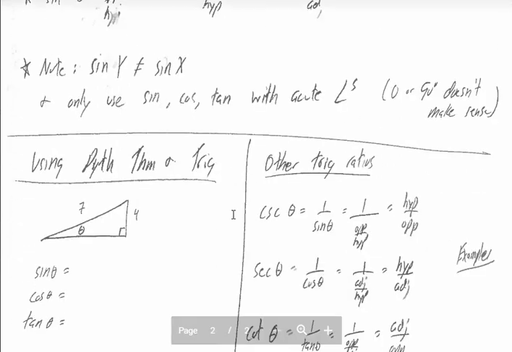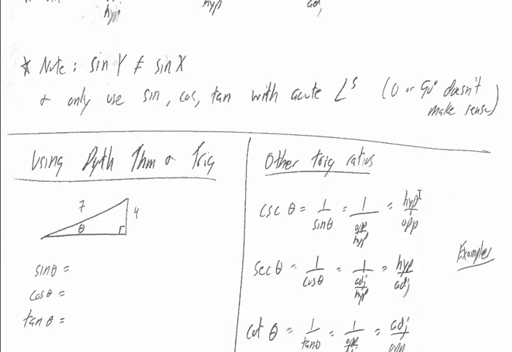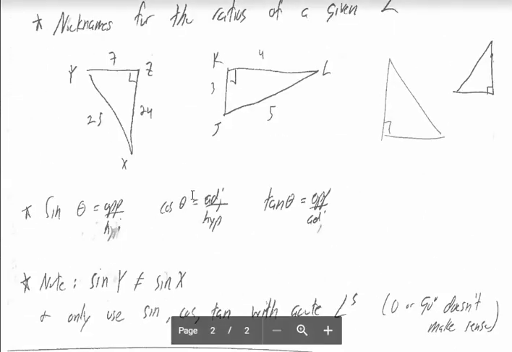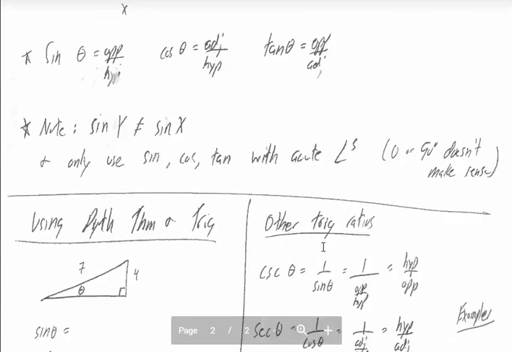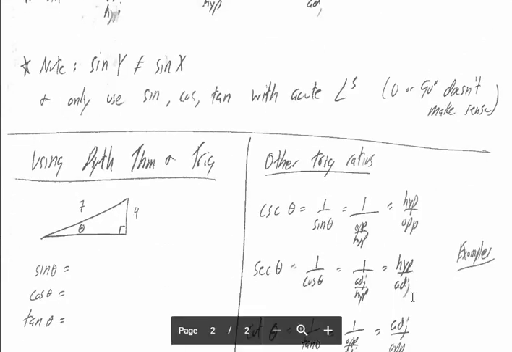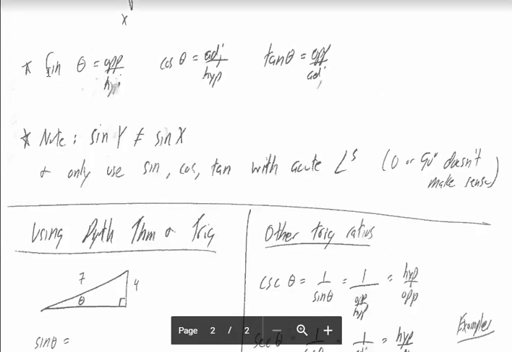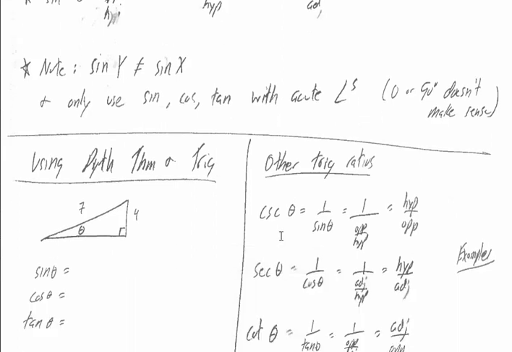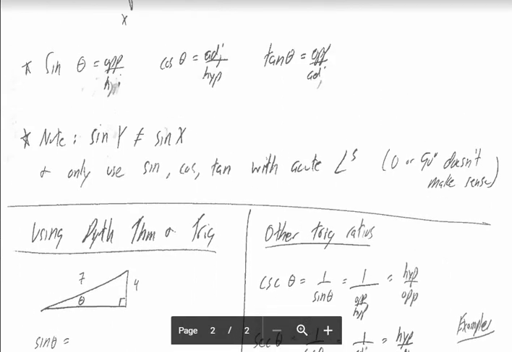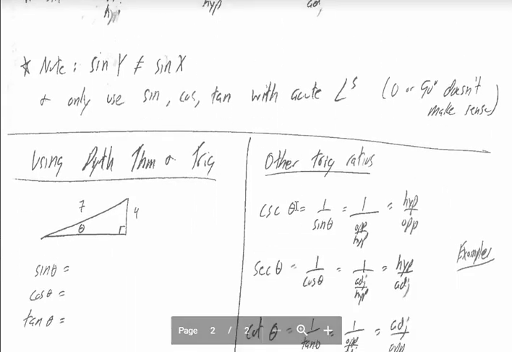If you compare those with these up here, you'll find they're just the reciprocal. Sine, opposite over hypotenuse; cosecant, hypotenuse over opposite. Cosine, adjacent over hypotenuse; secant, hypotenuse over adjacent. One thing students tend to do incorrectly is match the sine with the secant, because of the s's, and the cosine with the cosecant.